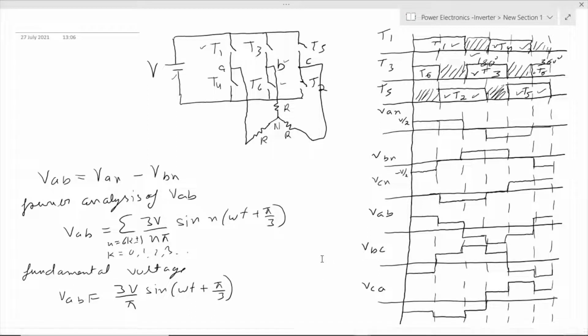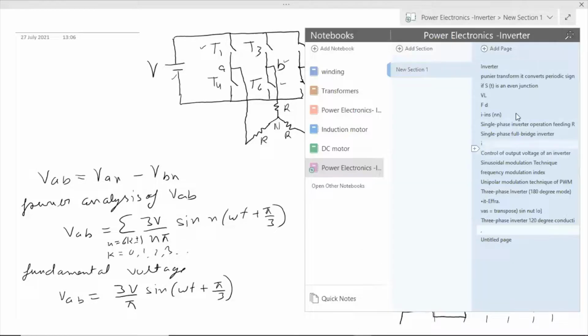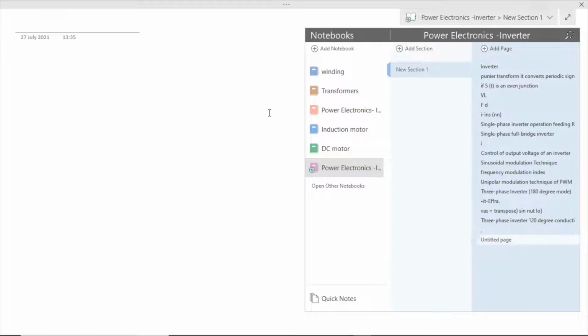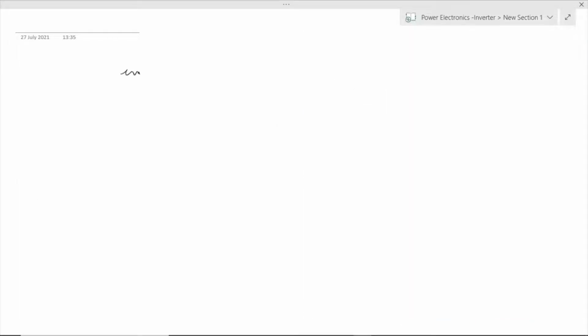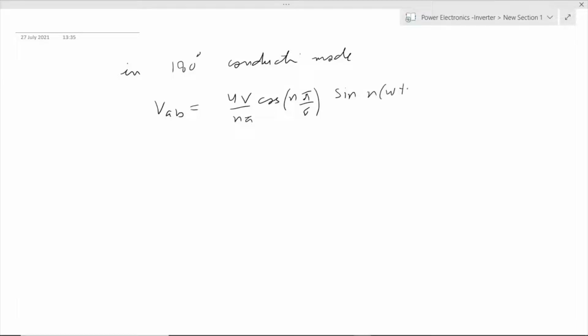So if we would like to compare our output voltage in 180-degree conduction mode and 120-degree conduction mode, I would like to recall that in 180-degree conduction mode, your VAB was coming out to be 4V upon n pi cos n pi by 6 sin n omega t plus pi by 6.